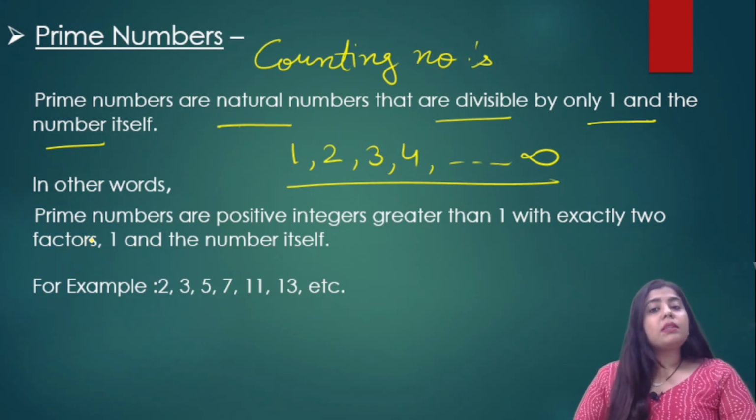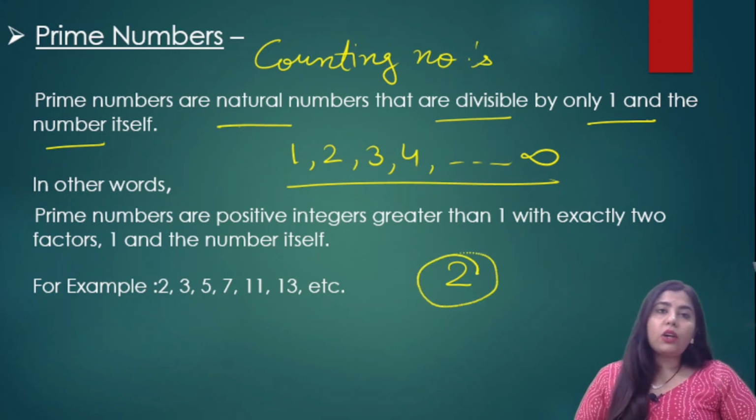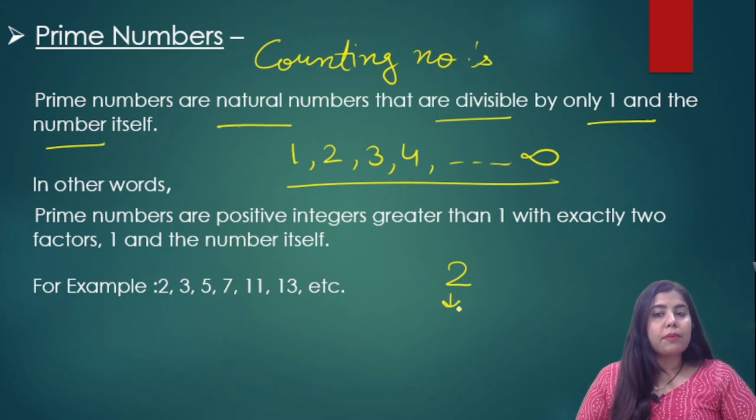So prime numbers are those natural numbers that are divisible by only 1 and the number itself. Means it has two factors only, either 1 or that number itself. For example, 2. See, 2 is that number, it is divisible by only and only 1 and 2, right? It means it has two factors, 1 and 2.